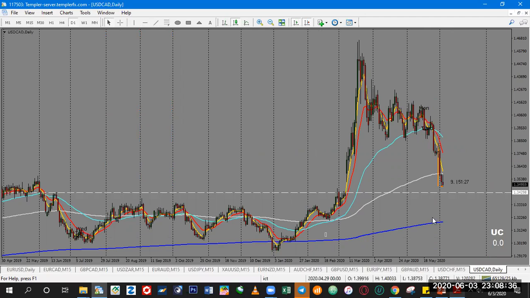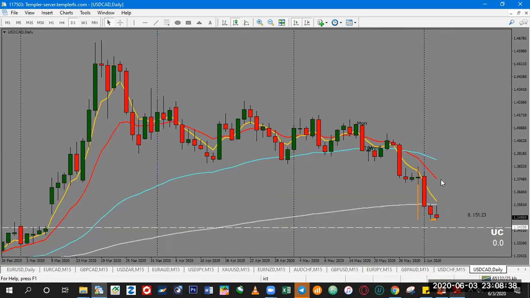I expected the market to come and retest this and fill the gap and then move. But the market may just fill in the gap and then reverse from there. So this would become a block here. So we'd have a block there.